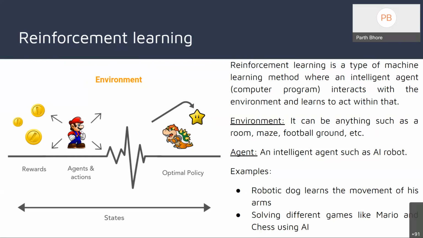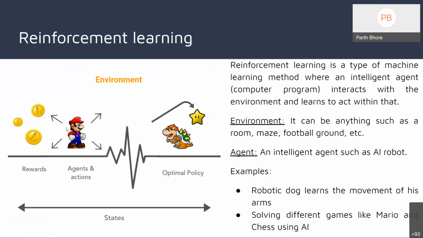If you want to develop a model to beat Mario, if Mario collects points or wins the level, then it will get a reward. And if it loses, then it will not.